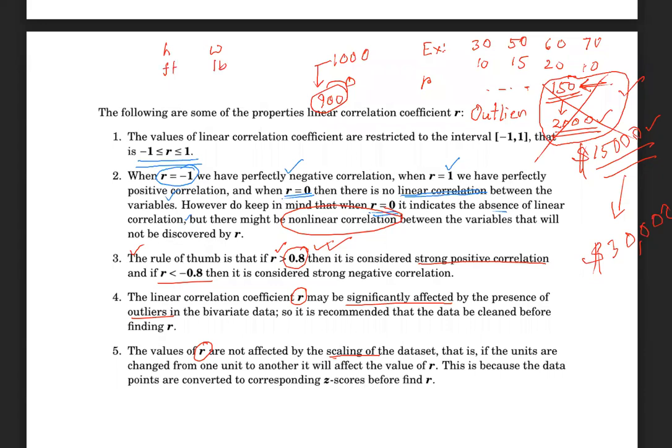But then I decide to change feet to inches and keep the pound as it is. Just because I changed the unit of measurement for height, it should not change the linear correlation. Or if I keep the feet but instead of pounds I use kilograms.